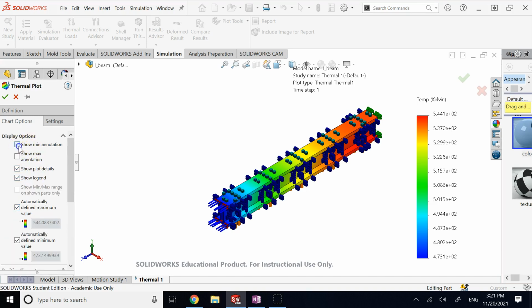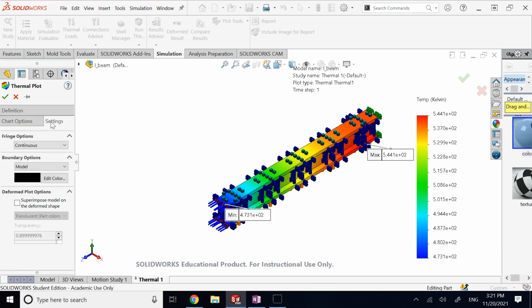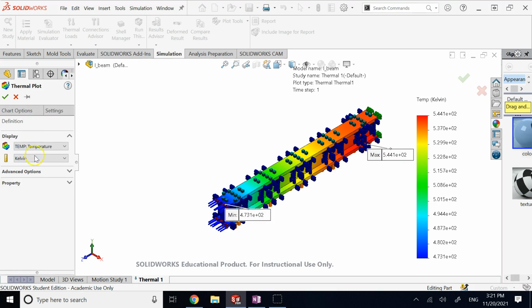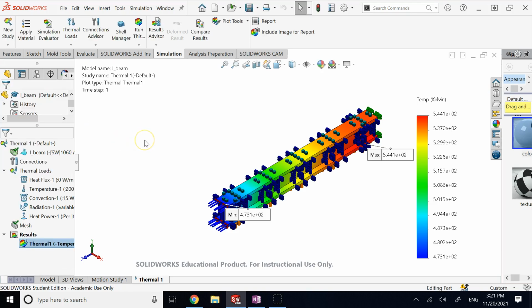So here, if you just apply those, it shows you where in the beam and how much is the max and the min temperature, right? So there are lots of things that you can do when it comes to looking at the results of your study.